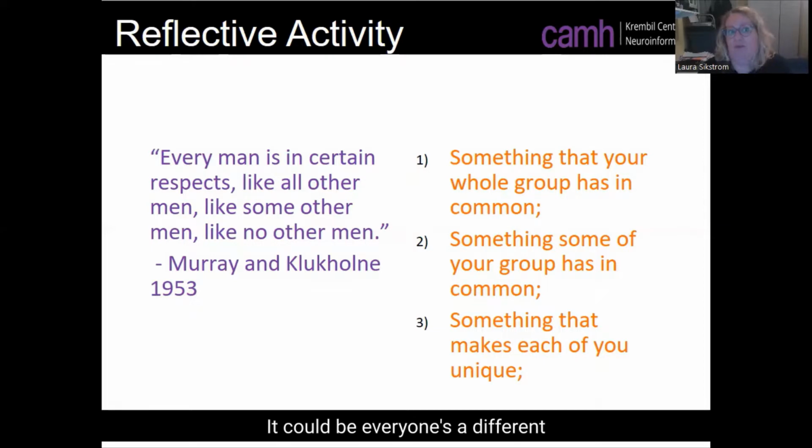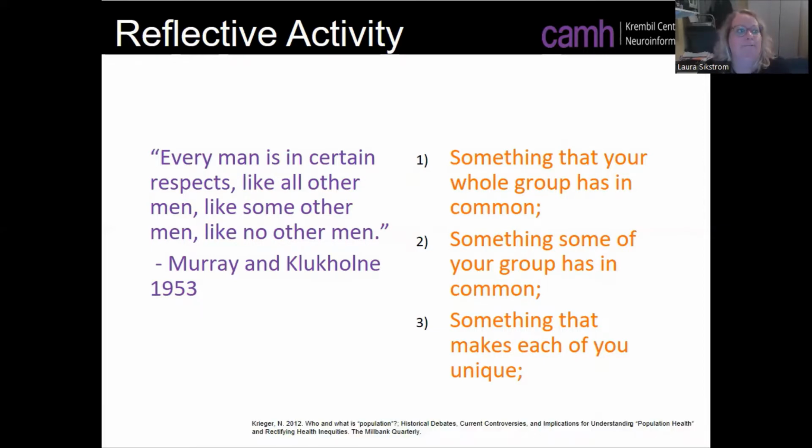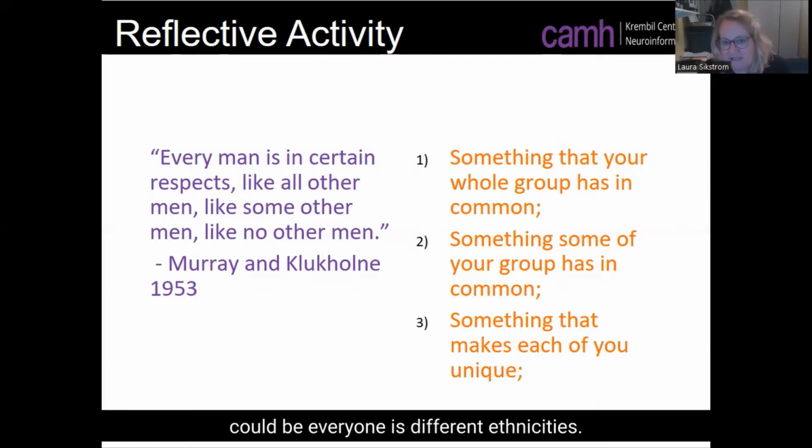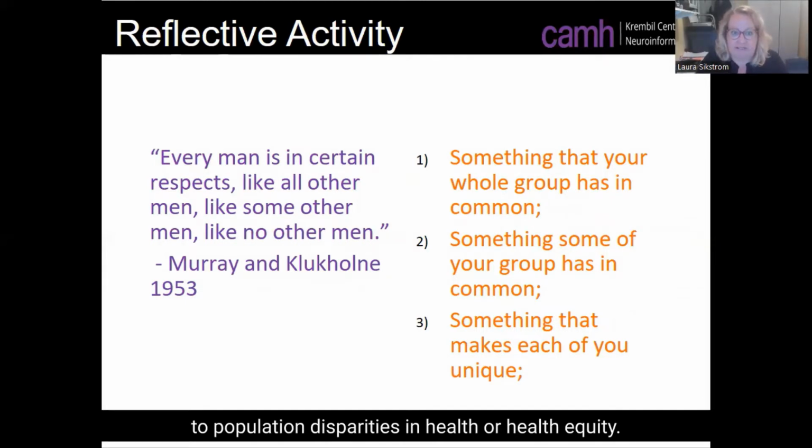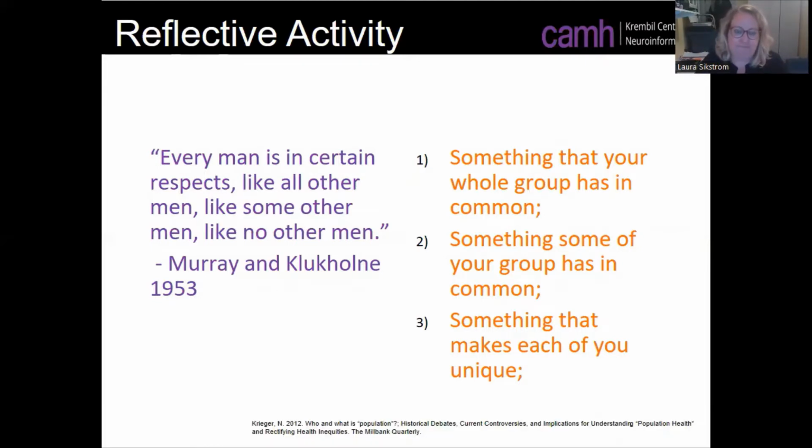It could be everyone's a different height, a different age, a different ethnicity, everyone grew up in a different neighborhood. There's a range of factors that make us each unique. So it's both what makes us the same, but also the factors that make us different that lead to population disparities in health or in health inequity.